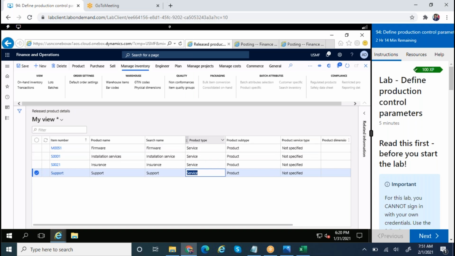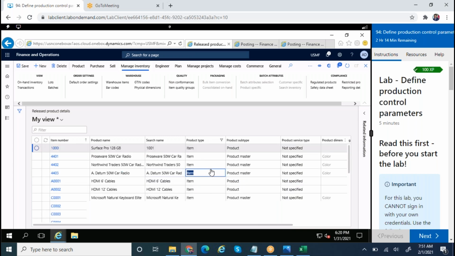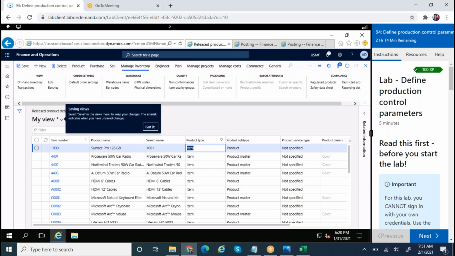Okay. And here sometimes even for item also, 99% it will be on hand inventory enabled. Few items they don't want on hand inventory.